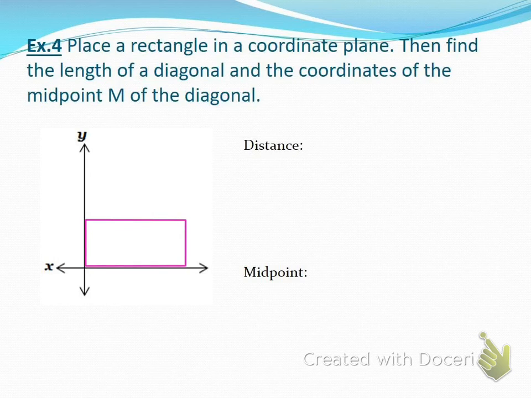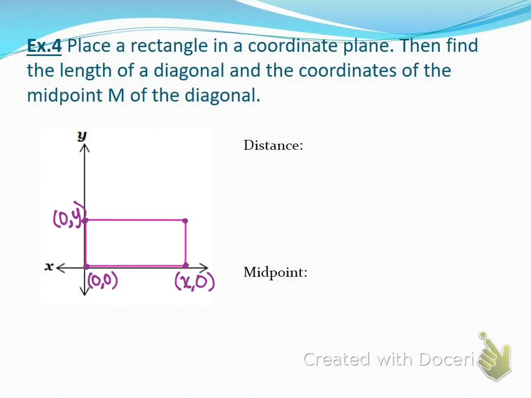All right. We've got a rectangle. Let's identify our coordinates real quick. Bottom left is going to be 0, 0. Top left, 0, comma, y. Bottom right, x, 0.